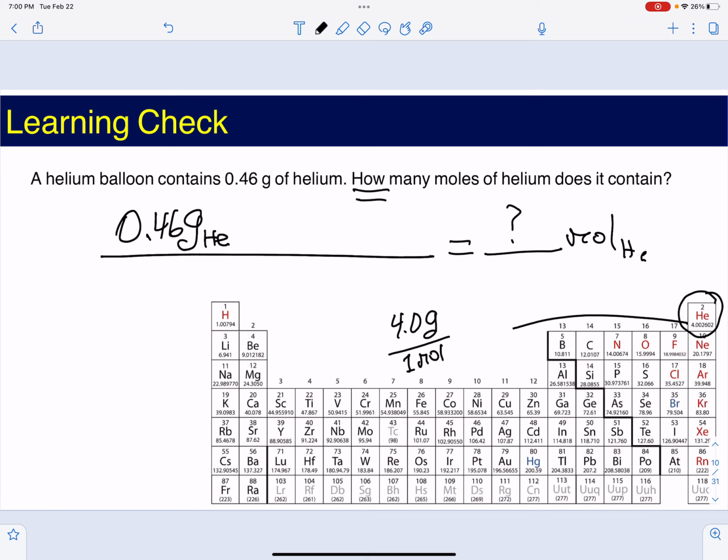Because very soon when we move into chapter 7 and 8, you're going to have grams everywhere, and the only thing that is going to make them different is knowing the element or molecule they're talking about. So I do not want the grams of helium because I'm looking for the moles of helium, right? And it's 4.0 grams for every 1 mole, because I got it out of the periodic table, and anything out of the periodic table is going to be grams per 1 mole. So all you have remaining to do is 0.46 times 1 divided by 4. And you're going to have two significant figures at the end.